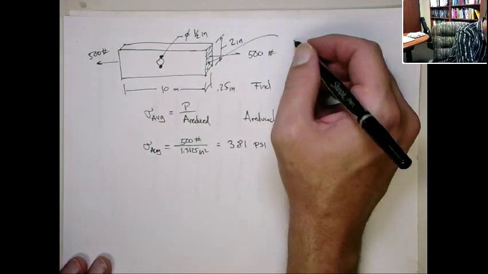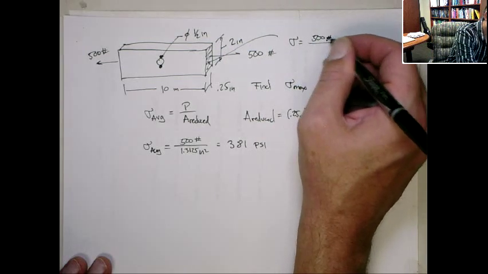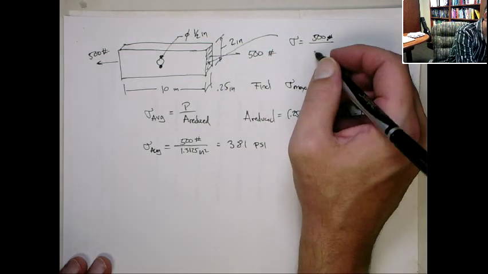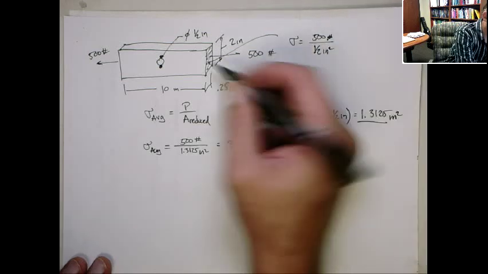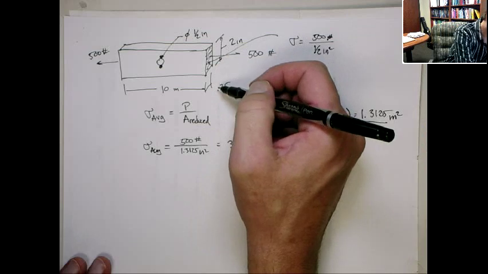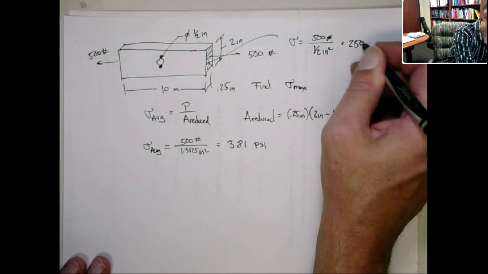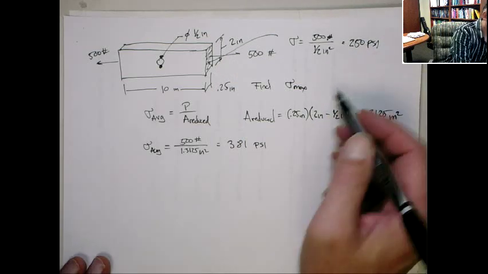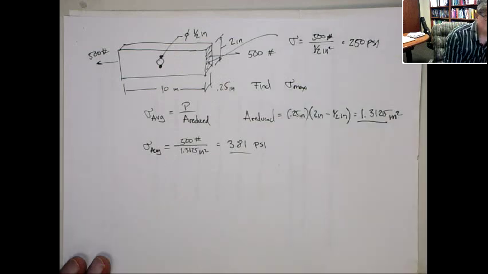The stress in that section would be the 500 pounds over the full area, which is 1/2 inch squared, because that's 1/4 inch times 2 inches, right? And so that would give us 250 psi.